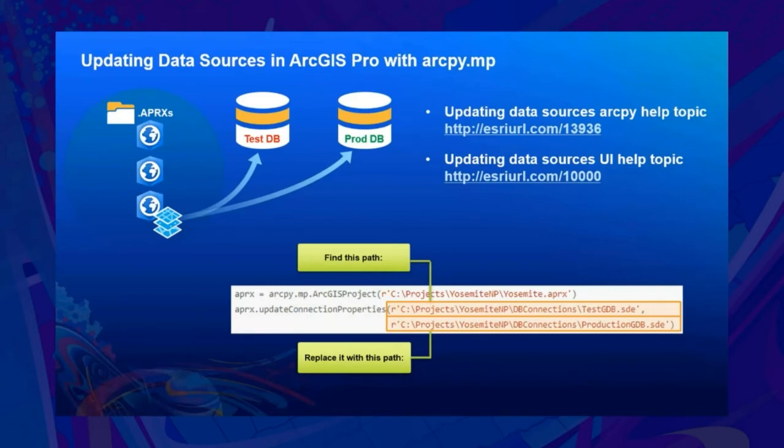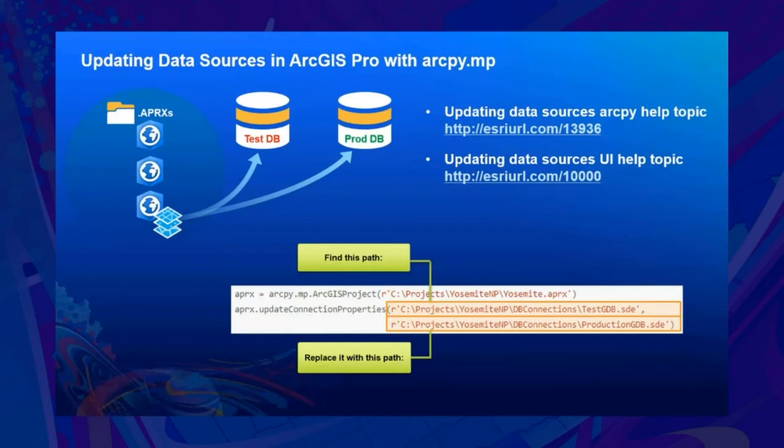So the picture on this slide represents a scenario where we're moving from a test enterprise geodatabase to a production geodatabase. So in this workflow, all the layers that are currently pointing to feature classes in the test geodatabase need to be resourced to the production database.